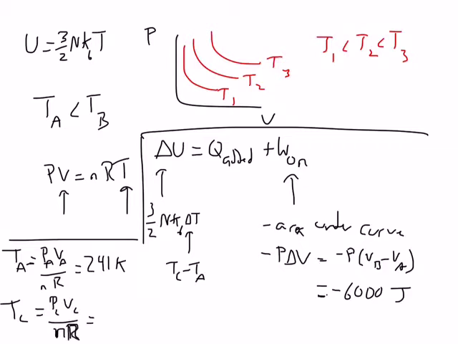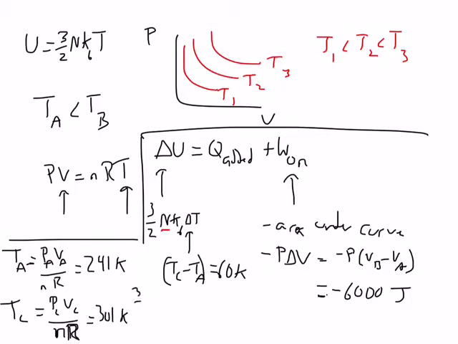And similarly for the graph in part C, we get 301 Kelvin. So this little bit right here is 60 Kelvin. Now we just need to figure out how many molecules we have, right? This capital N is the number of molecules. We know the number of moles, so we need Avogadro's number.